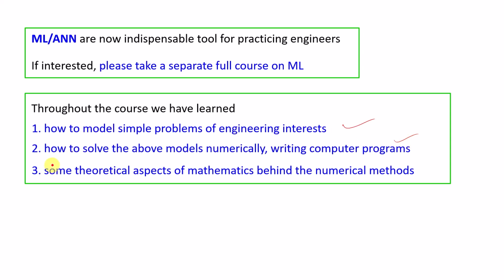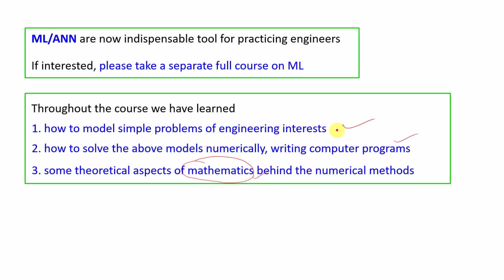This is especially important for those who are interested in higher studies and research. They cannot just solve the model, they cannot just make the model. They also have to go slightly deeper into the model and look into the mathematical aspects of those models. I have tried to give some idea about the mathematical background of these models.